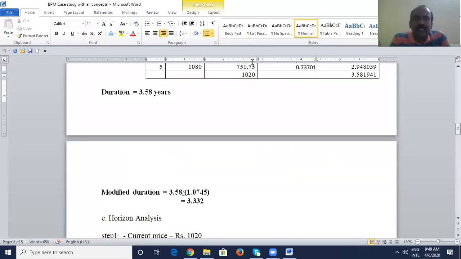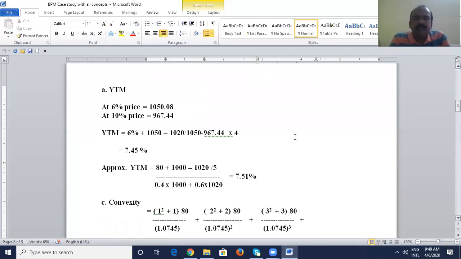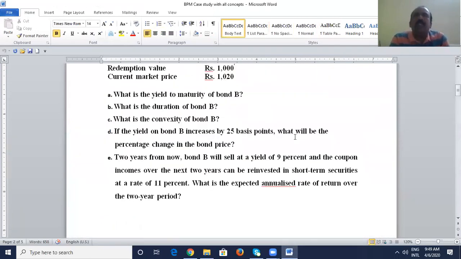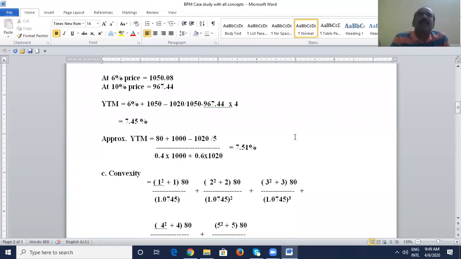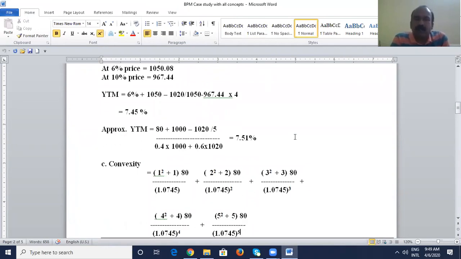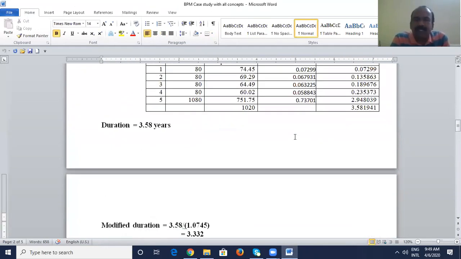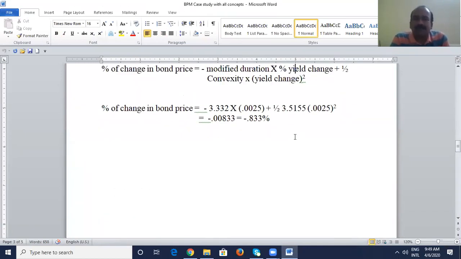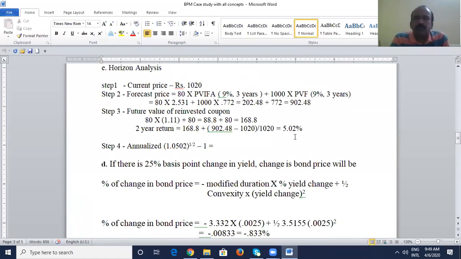If there is no convexity given, then you can use minus modified duration into change in yield. If convexity is given, then use this equation to forecast more accurately.